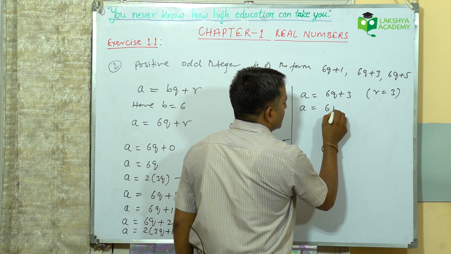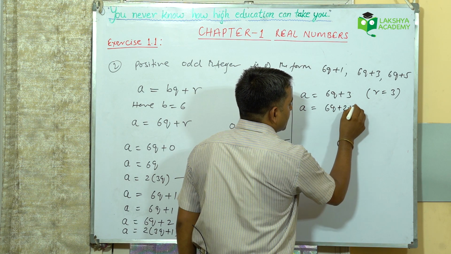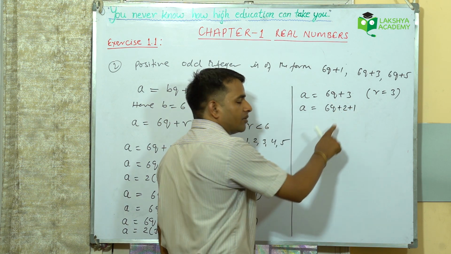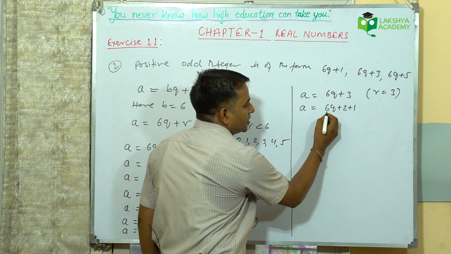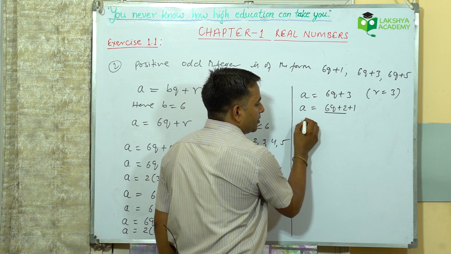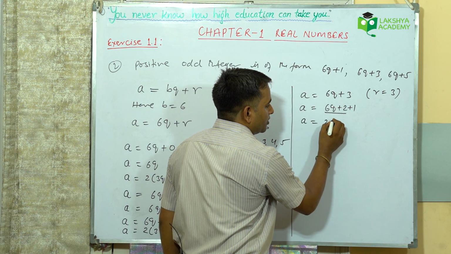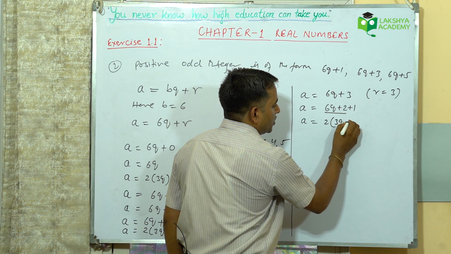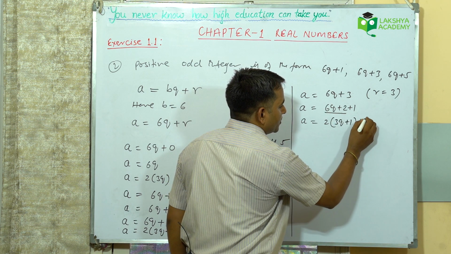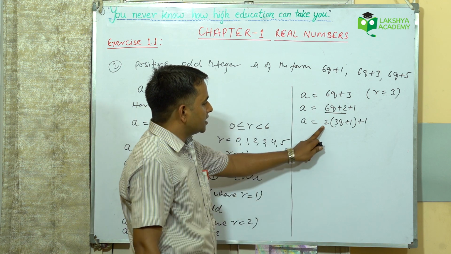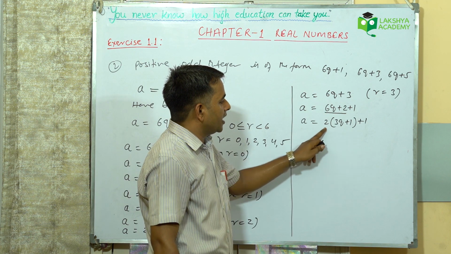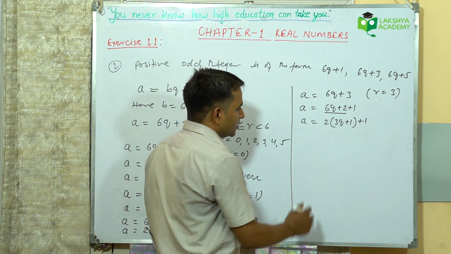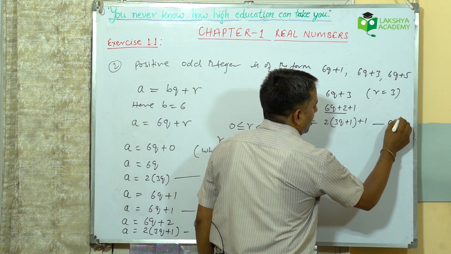We can write it down as 6q plus 2 plus 1, breaking 3 in the form of 2 plus 1. In the first two terms we can take 2 as common. So this will be a equals 2 times (3q plus 1) plus 1. So this is divisible by 2, but this will not. So therefore this expression is odd.